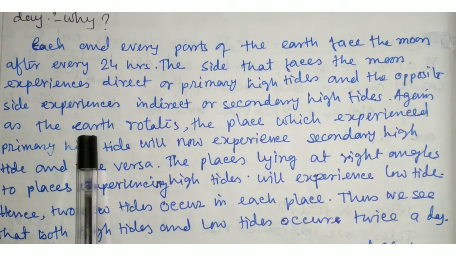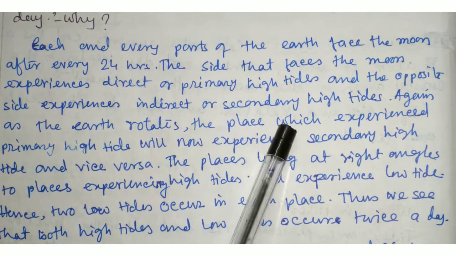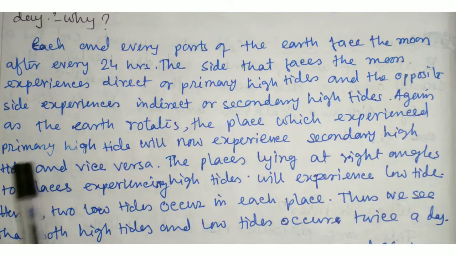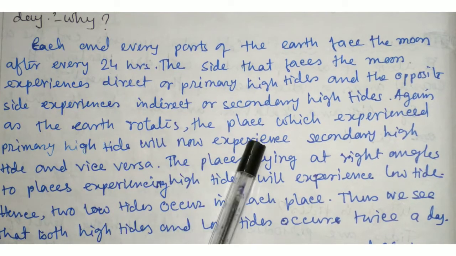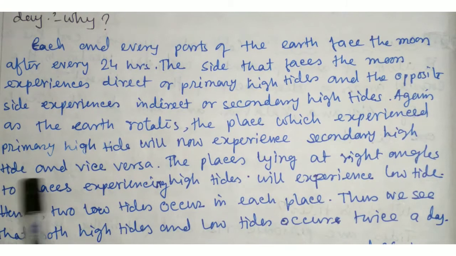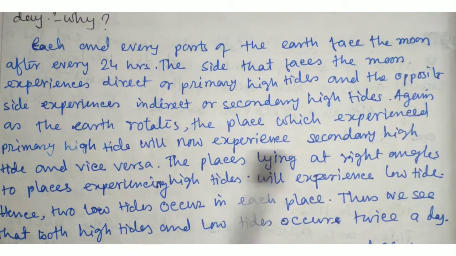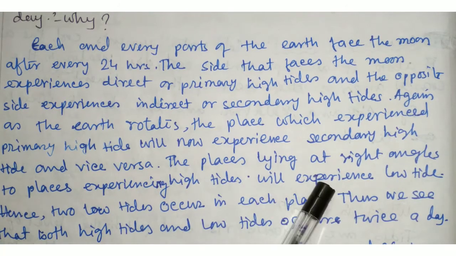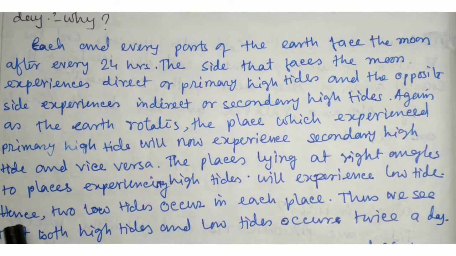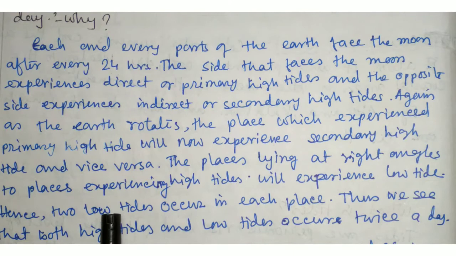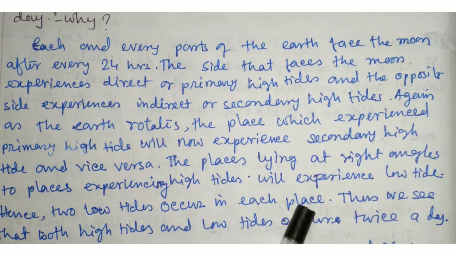Again, as the earth rotates, the place which experienced primary high tide will now experience secondary high tide and vice versa. The place lying at a right angle to the place experiencing high tides will experience low tide. Hence, two low tides occur in each place.